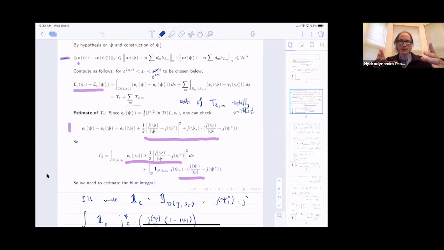The previous estimate is valid for this S epsilon in a certain range. I can find some radius on which this quantity is very small. That would say that the phase gradient is very close to the phase gradient for the known good behavior.